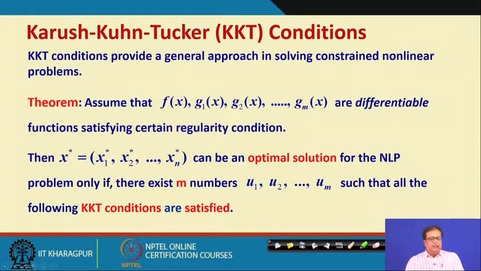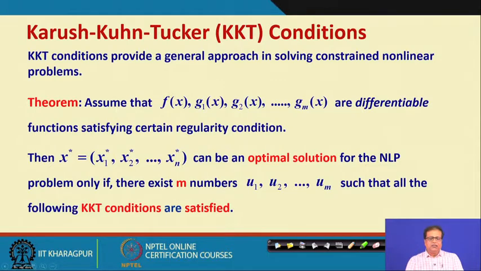Then x star, which is a combination of n unknown decision variables, can be an optimal solution for the NLP problem only if there exist m multipliers u1 to um such that a number of KKT conditions are satisfied.